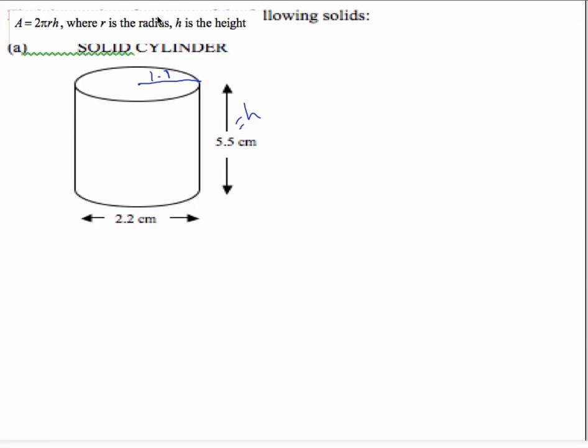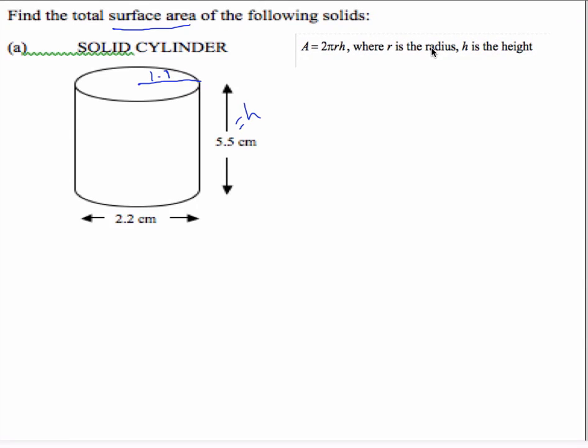So we've got to take this curved area here, 2 pi r h, and add the circular top and bottom. Sometimes you have an open top and you don't need to do this, but we have 2 circles here, one on the top and one on the bottom. So we're going to add 2 pi r squared, because the area of a circle is pi r squared, and we have 2 of them.